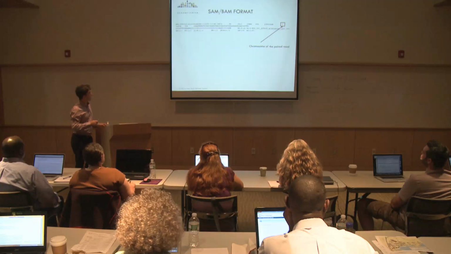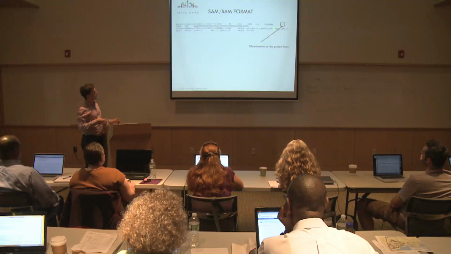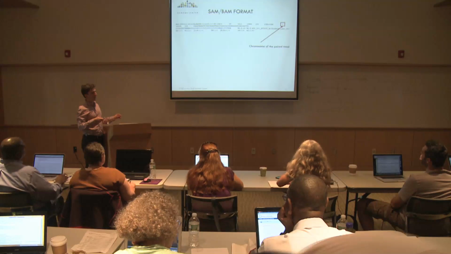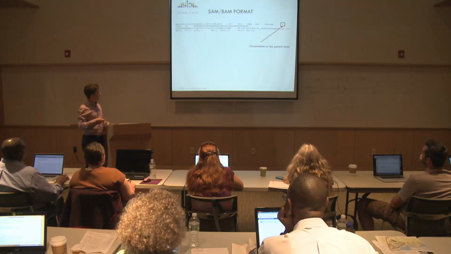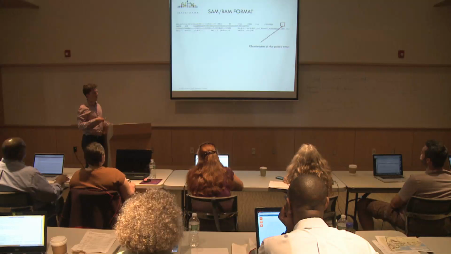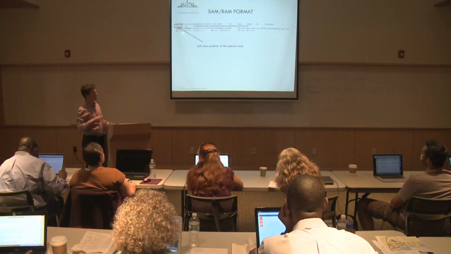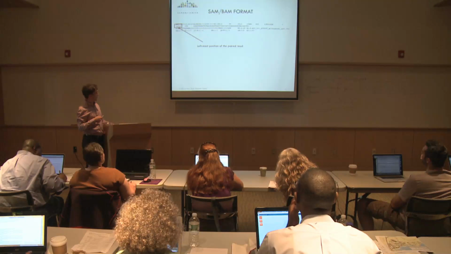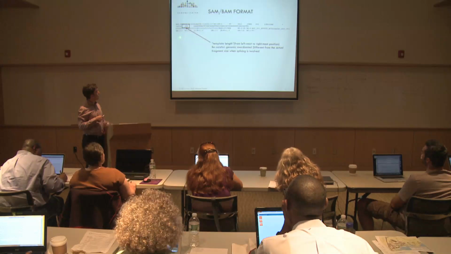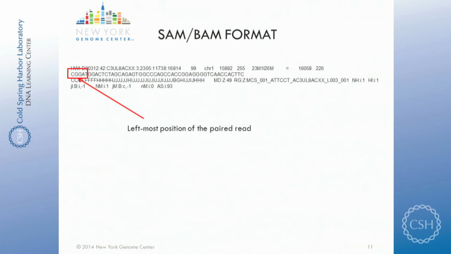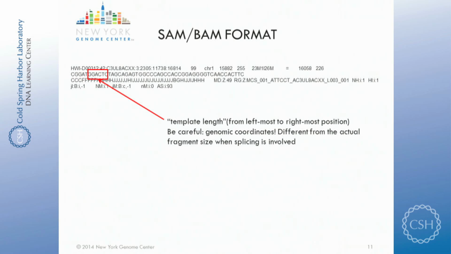Let's continue through this file. So here, that's the chromosome of the paired read. Okay. So here, in that case, it's on the same chromosome. The location, okay, we see that it's pretty close to the read that we're currently looking at, and the template length. So from the leftmost location here to the end of that location here.